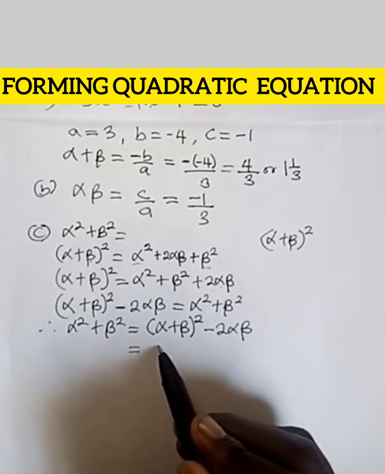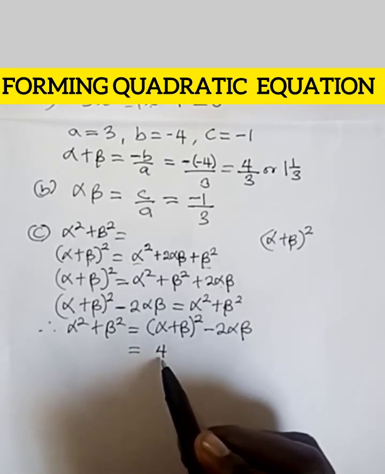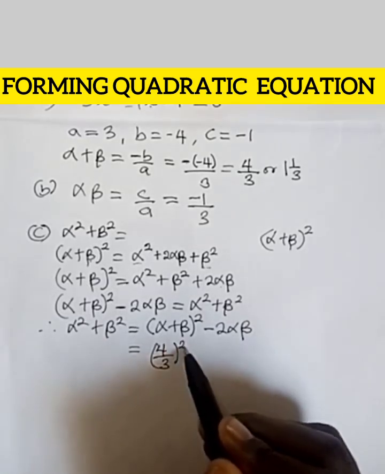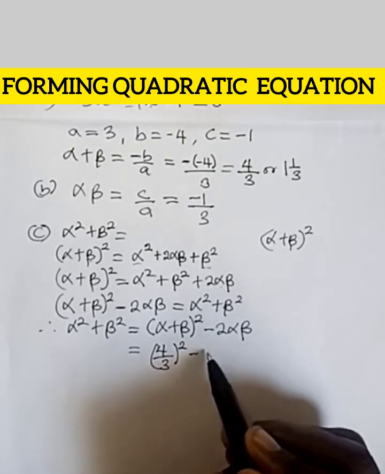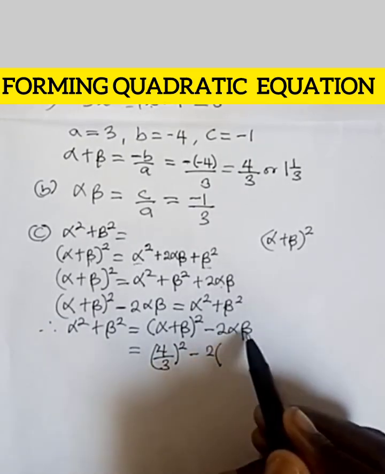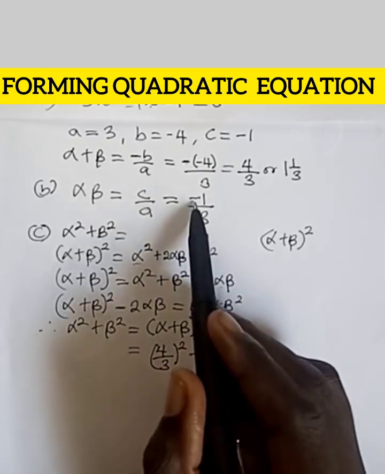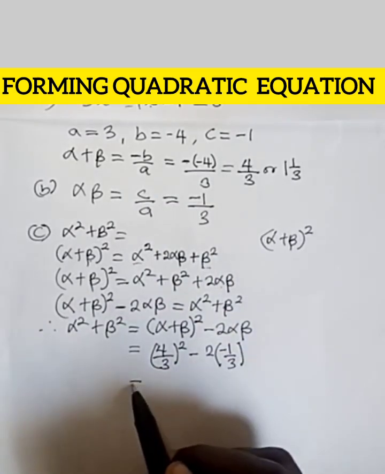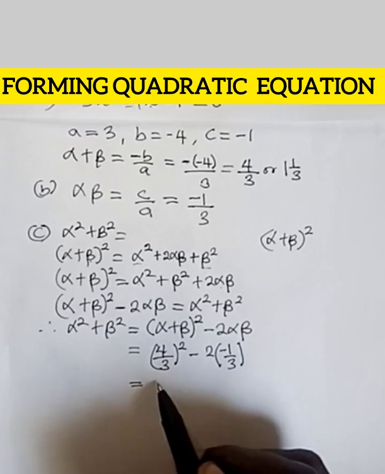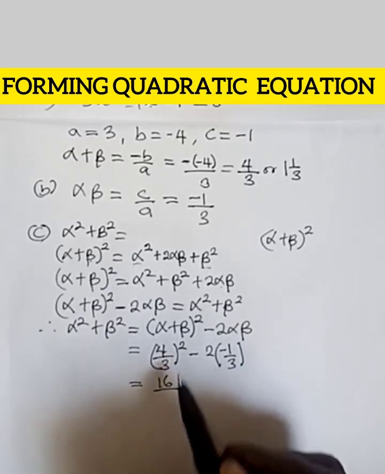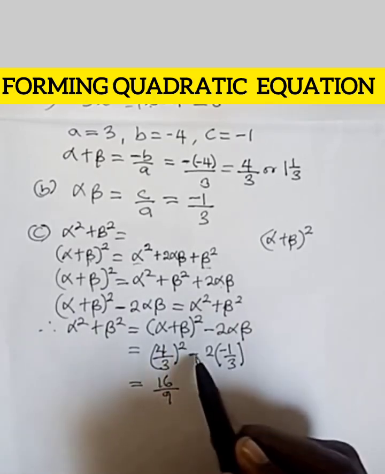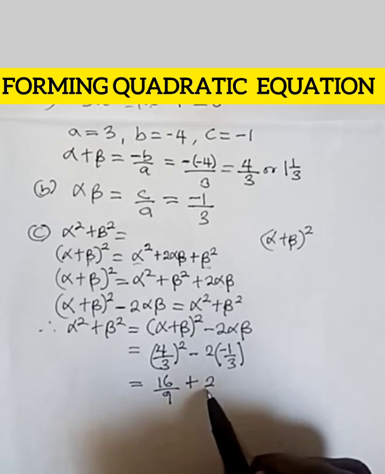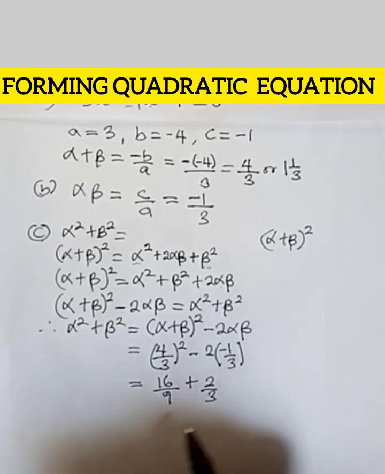So we have 4/3 all raised to power 2 minus 2 into alpha beta, which we have gotten to be minus 1/3. Then 4 raised to power 2 gives 16, 3 raised to power 2 gives 9. Then negative times negative, I will have positive. 2 times 1, I will have 2, then over 3.